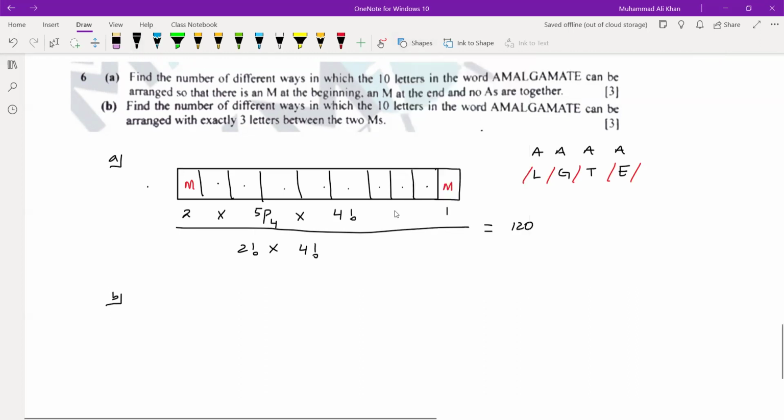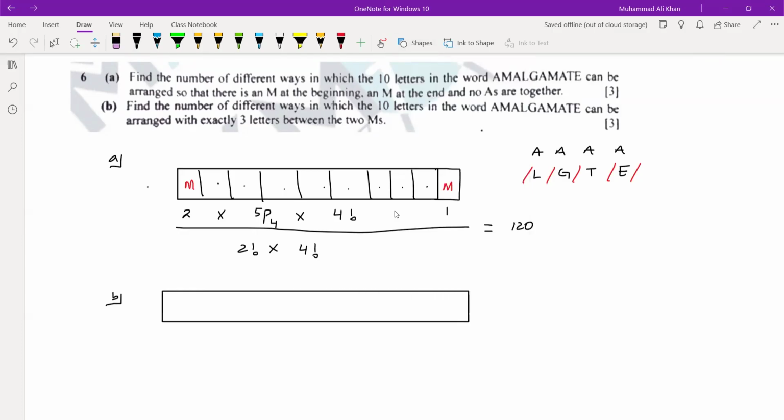Now, again, I'm making 10 boxes, 1 to 10. Now I'm arranging M, let's say here, then 1, 2, 3, then M. So exactly 3 letters between 2 M's, I'm making a big rectangle here, a big box for this arrangement.